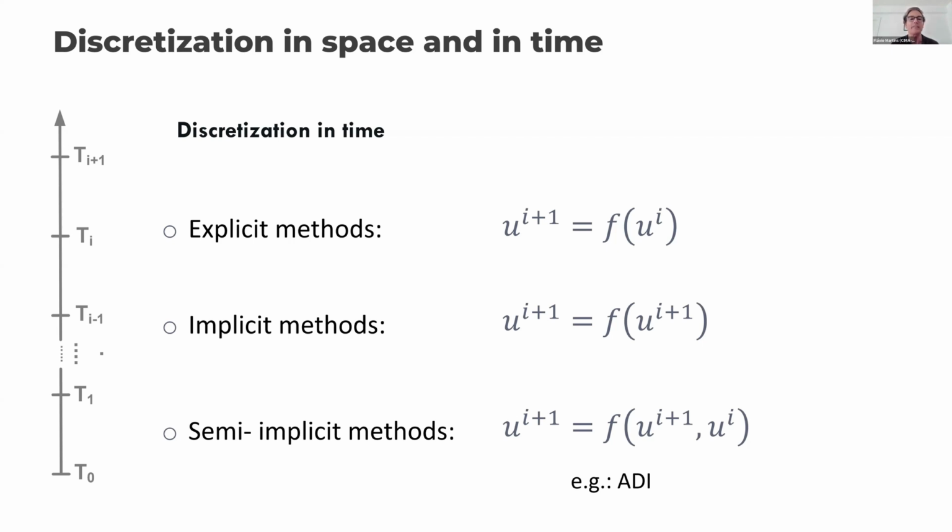It's almost as fast as an explicit method. Even though the method is not completely implicit, it's kind of implicit. So basically, we can increase this delta t between Ti and Ti plus 1 without too much computational effort. So that's why we use it.